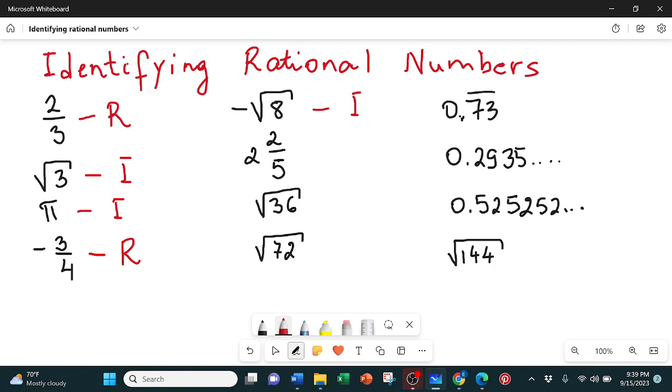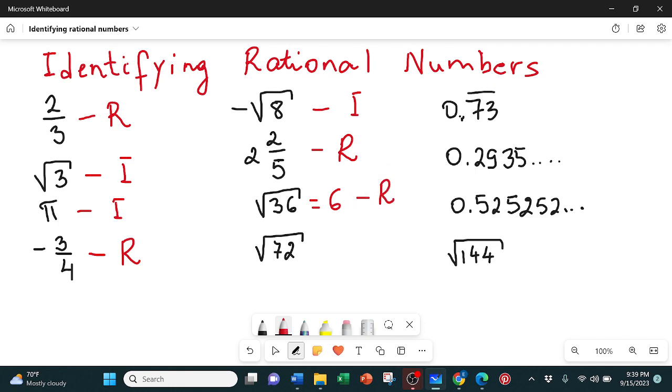2 and 2/5 is a mixed number. As a mixed number, we can rewrite this as a ratio if we want. That's a rational number. Radical of 36 is 6. So that's a rational number.